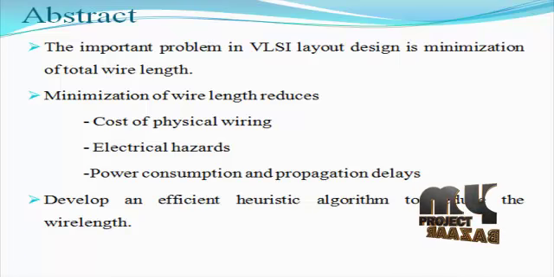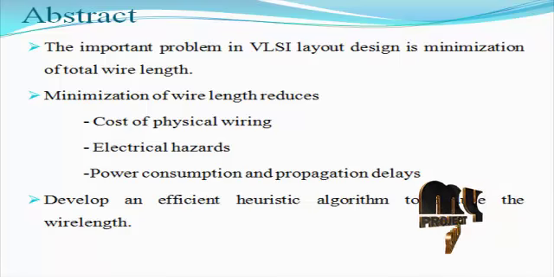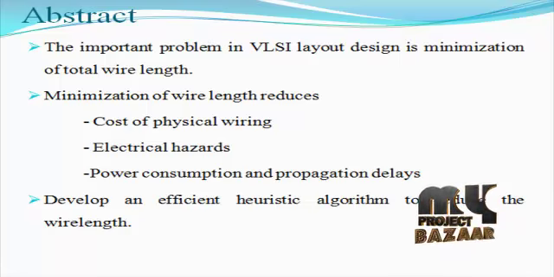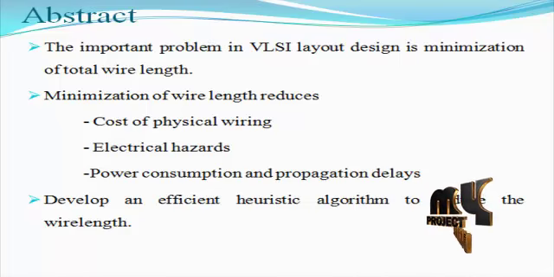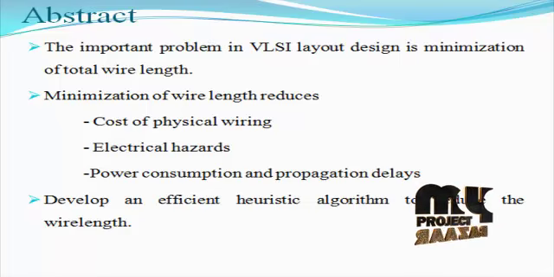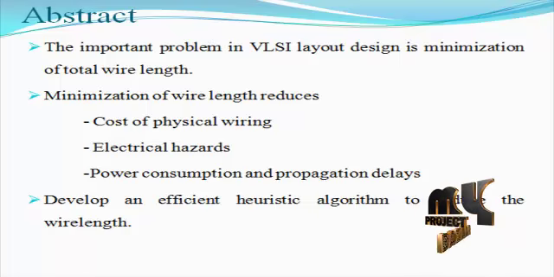A channel is a rectangular routing region that has two open ends, and the upper and lower sides of the channel have two sets of fixed terminals. The two sets of terminals are aligned vertically in columns at the top and bottom of the channel, and the other ends of the channel are open.